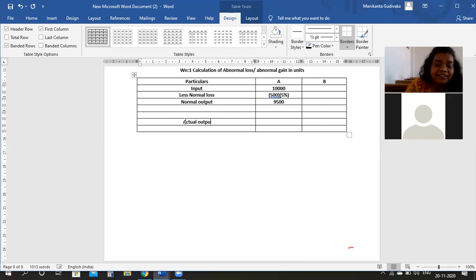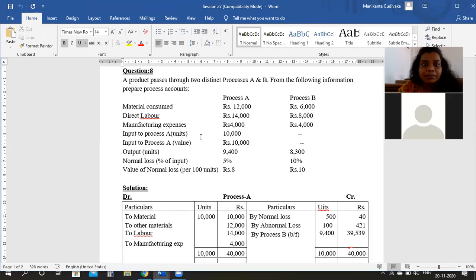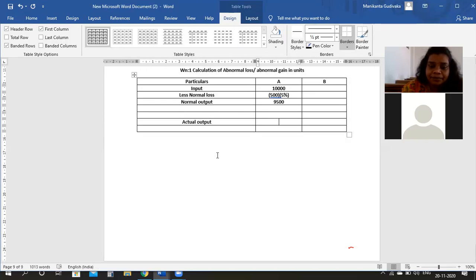Actual output is already given in the question. We have an actual output of 9,400. See, from 10,000 we have subtracted 500 normal loss, and we got a normal output of 9,500. So normally it is expected that you should have an output of 9,500. But your actual output is how much? 9,400. Tell me whether we have abnormal loss or abnormal gain.